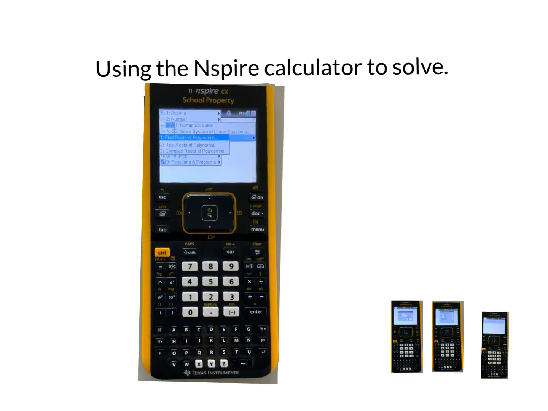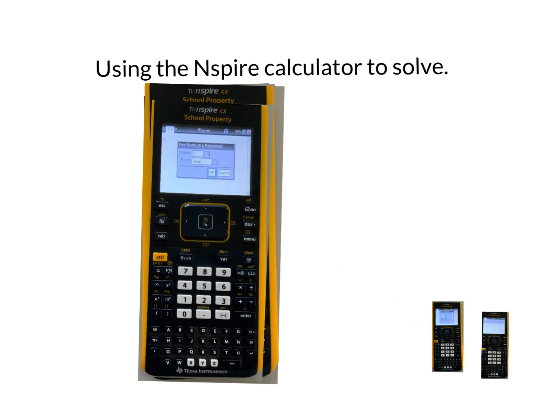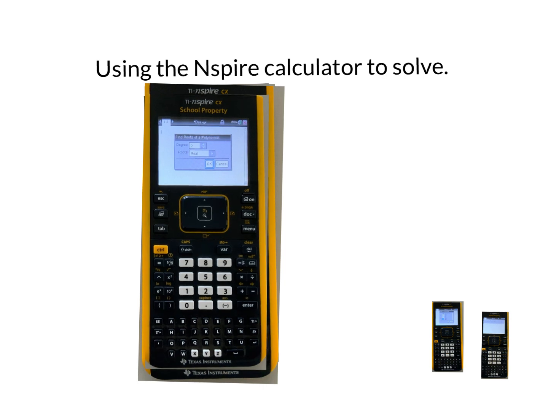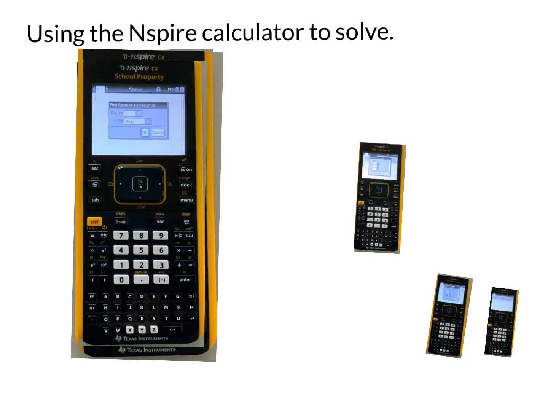And then from polynomial tools, you're going to have this option right here to find the roots, and we're going to click that one, find the roots. And then when you do that, you're going to have this screen right here. And you're just going to arrow down. We're going to keep the degrees 2, the roots is real, and then we'll click the OK button.